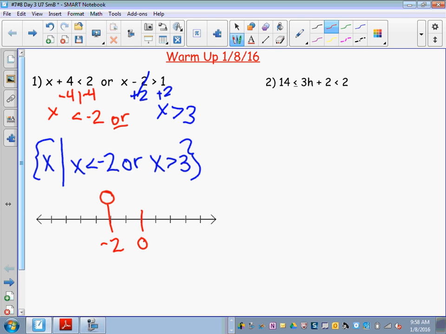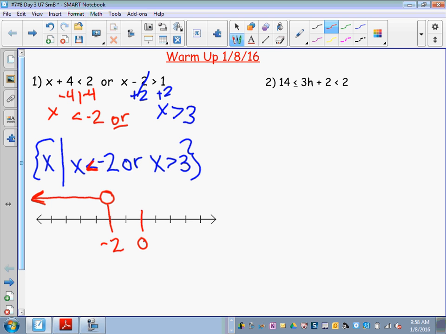Alright, and hey Sean, which direction is this arrow going to point? Good, to the left. As long as your X is on the left side, you can just look at your arrows. Your inequality should be the same as your arrows.